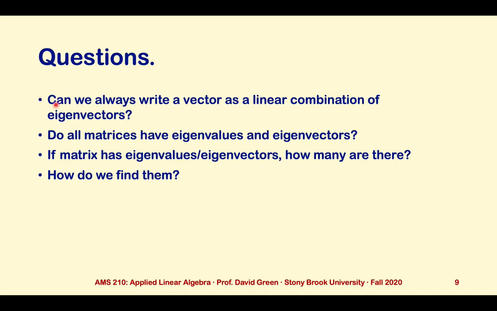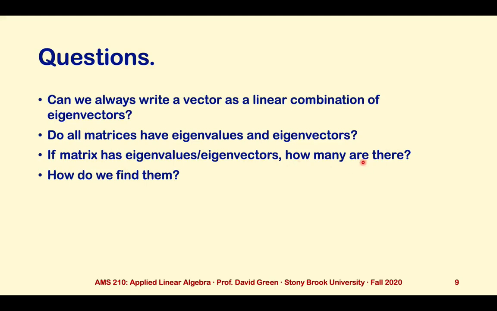In order to answer this question, we need to answer a few sub-problems, if you will. Do all matrices have eigenvalues and eigenvectors? If a matrix does have eigenvalues and eigenvectors, how many of them are there? How many eigenvalues does a matrix have? How many eigenvectors does a matrix have?